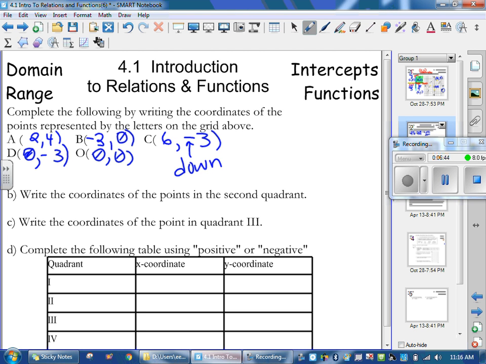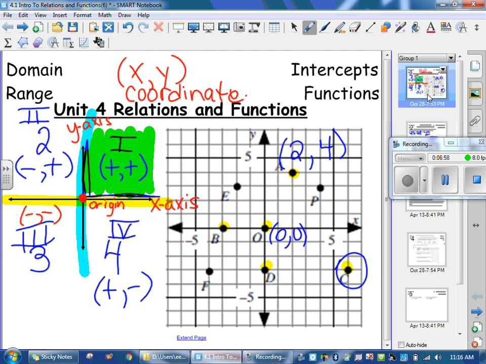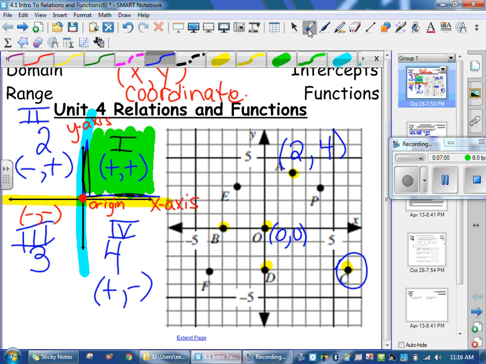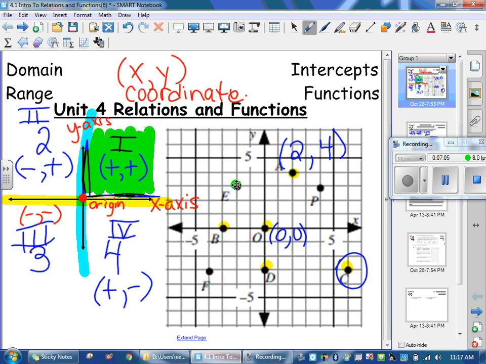Okay? Then it says B, write the coordinates of the second quadrant. And then C says write the ones in the third quadrant. So let's take a look at the second and third quadrants. If I take my green highlighter, in the second quadrant, I've only got one number sitting in there.